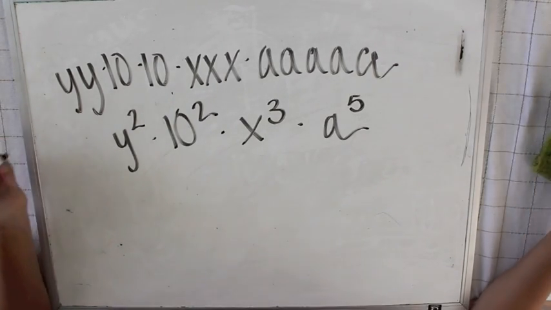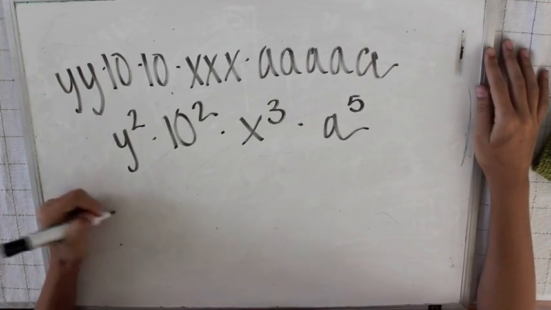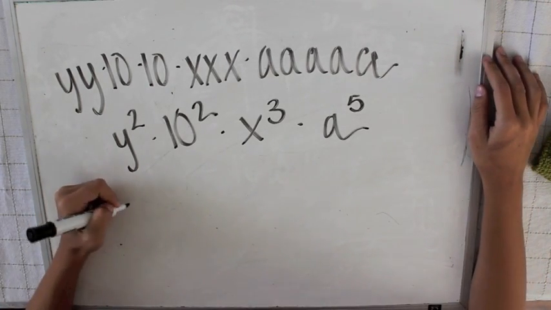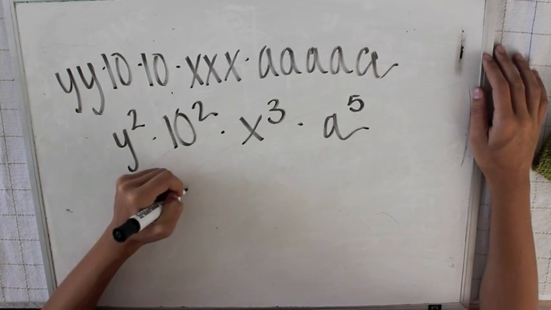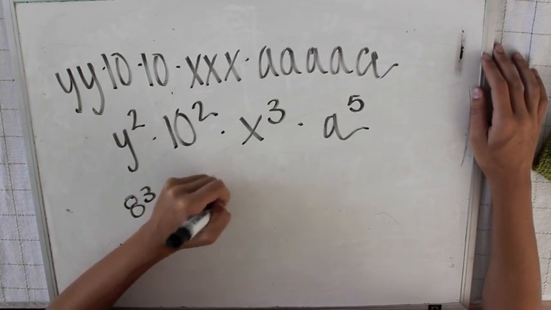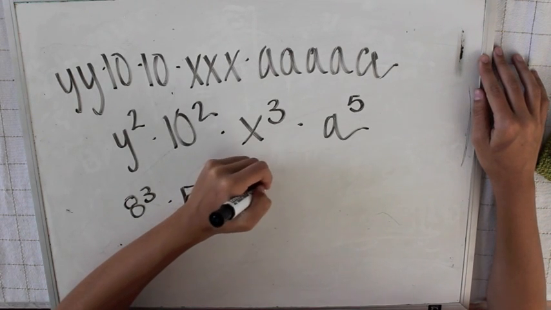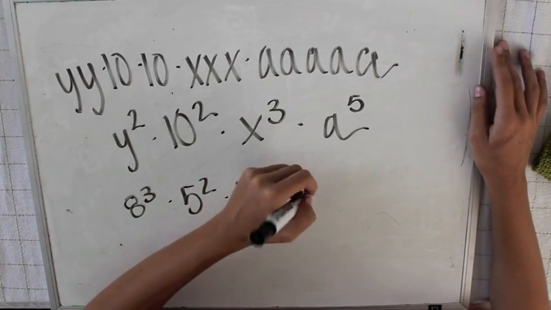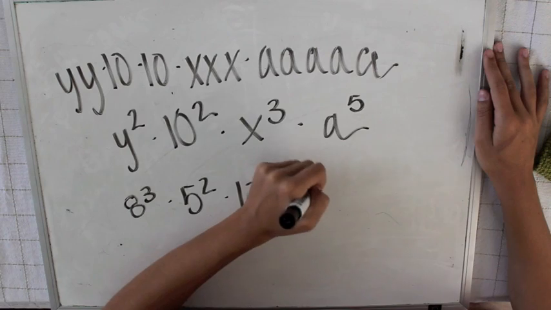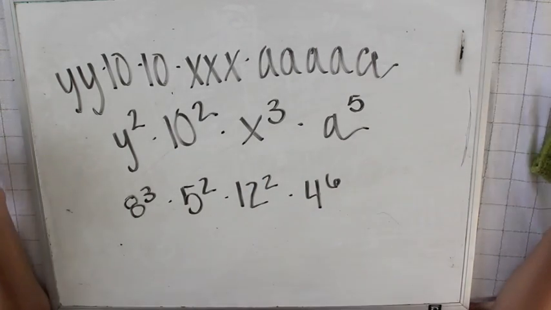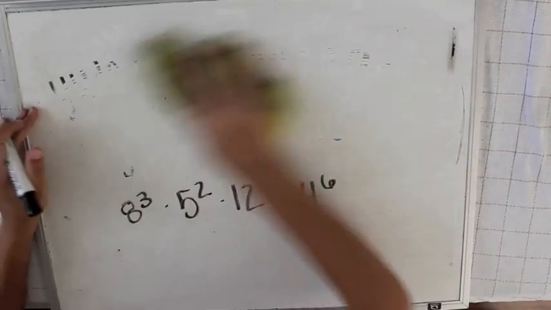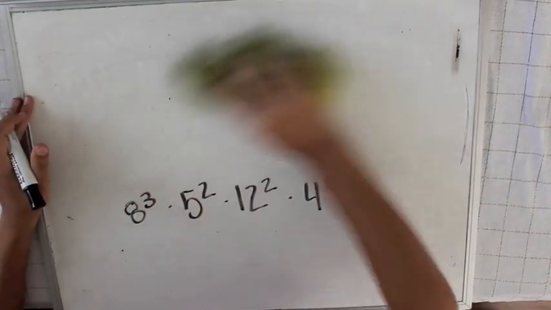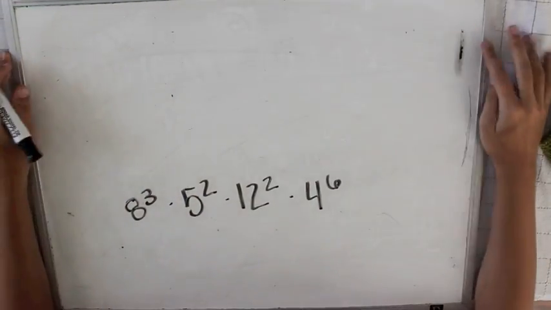So we can do an expanding one. Write this out completely, so expand it out and make it one big multiplication problem.